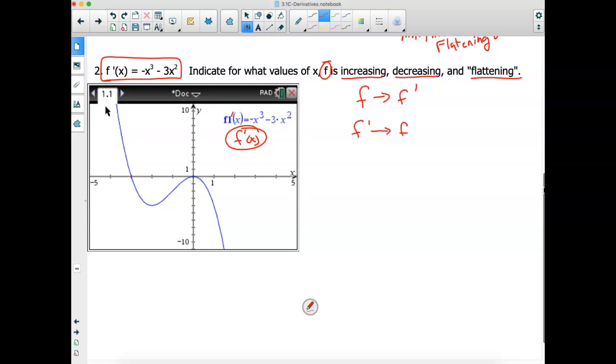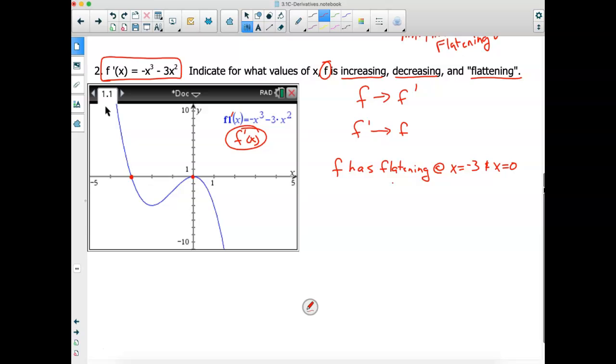Okay, I know f has a flattening at x equals -3 and x equals 0. How do I know that?